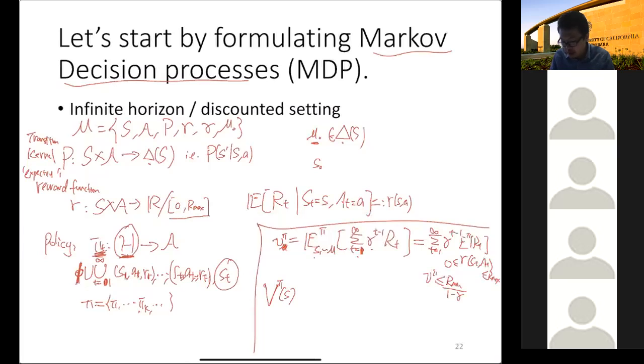The value function of this policy pi is defined to be the expected value when the initial state is equal to s and everything else you follow this policy. This is the expected discounted cumulative reward that you will get in the end. So is everything clear?